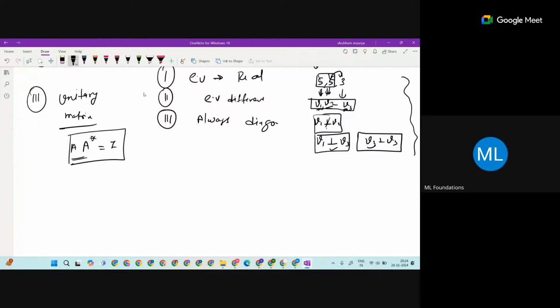Suppose alpha is an eigenvalue of this unitary matrix. If you find the absolute value of it, it is going to be 1, for any eigenvalue. So this is one property here.